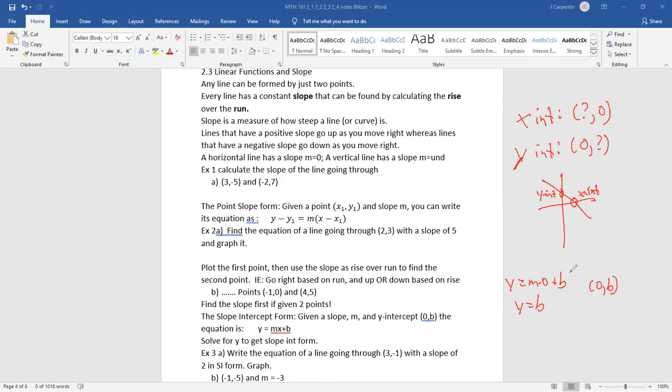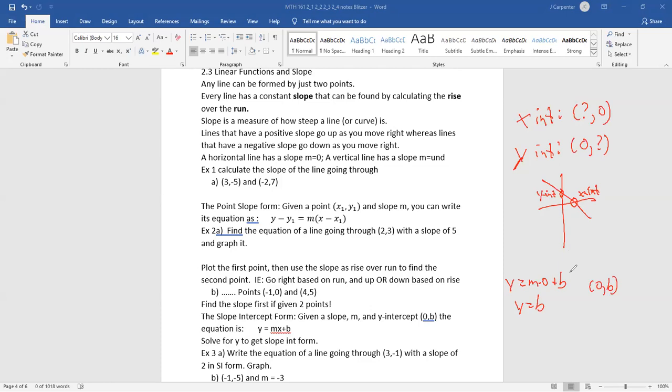So let's try out example 3. And there's an a and a b. For a, we're going to go through the point 3 comma negative 1 with a slope of 2. And I've specified this time to write it in slope-intercept form.